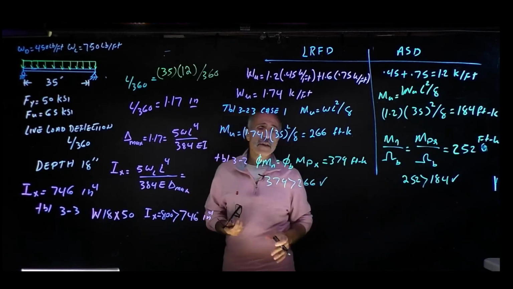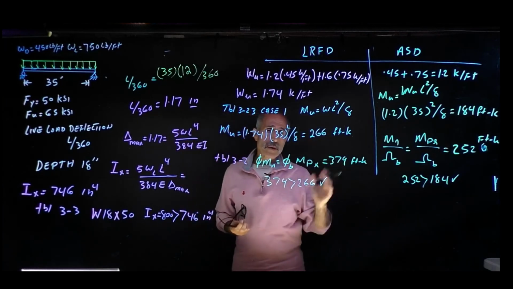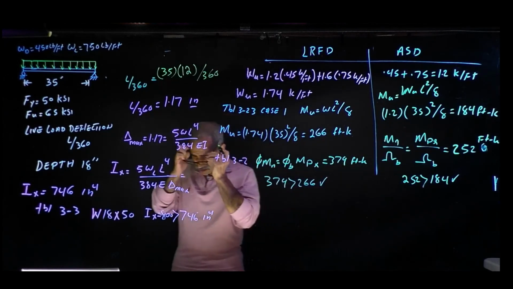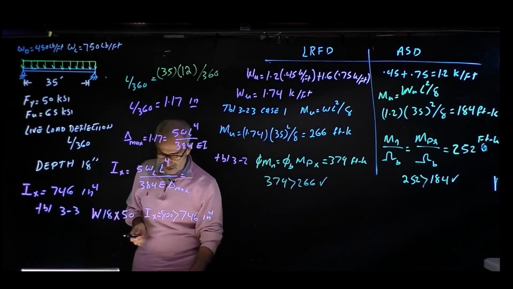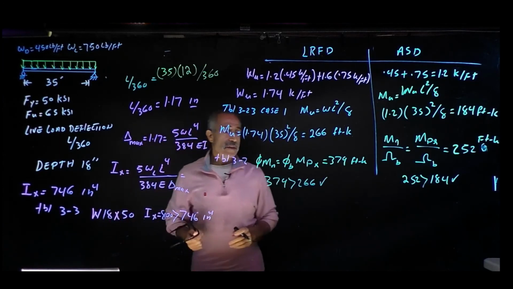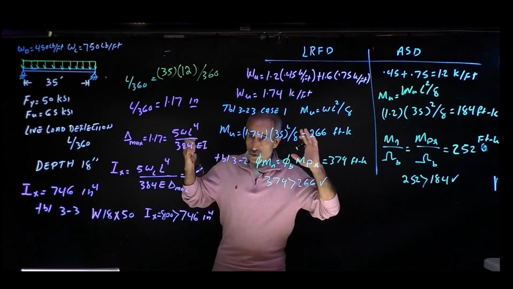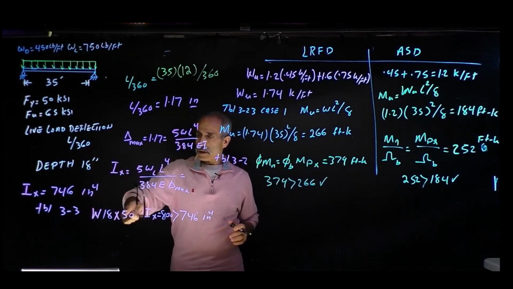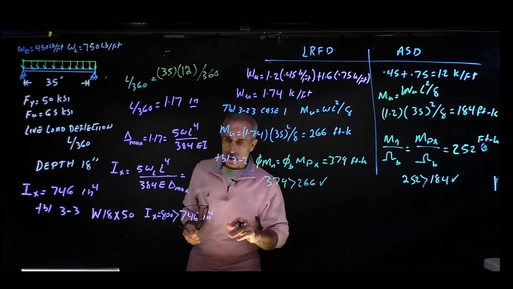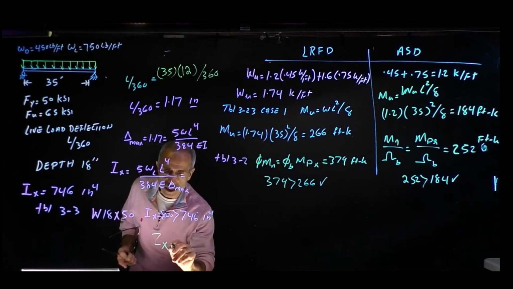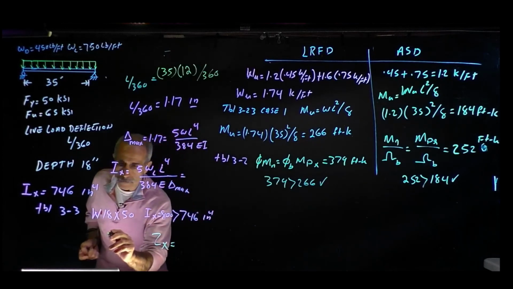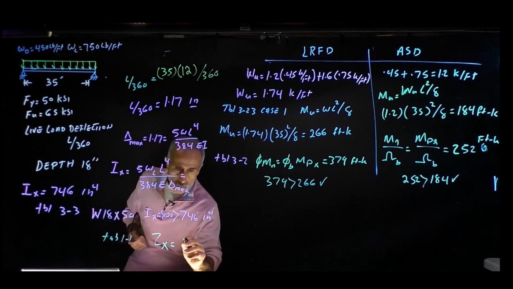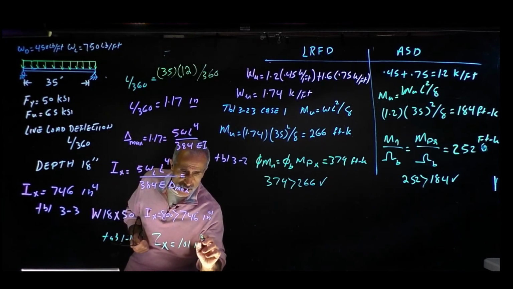Engineers are very smart. They make this table for us, and we go pick it out. If you don't feel like that, take a look at the same section F2. We can use F2 to calculate the plastic moment. Let's do it the other way, just so you know for yourself. We selected W18 by 50, so Zx from the Z table is 101 inch cubed.